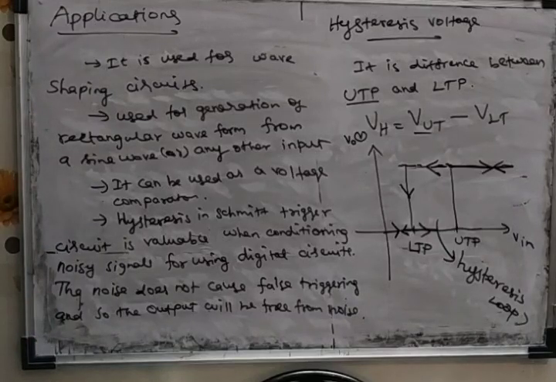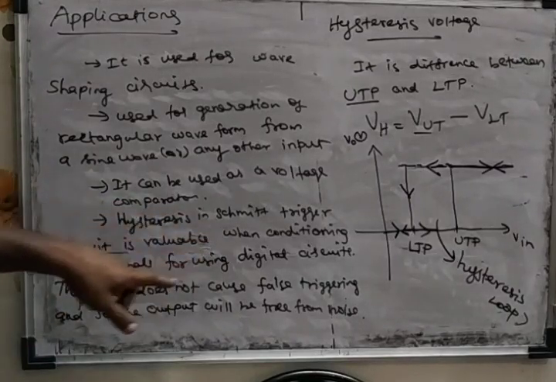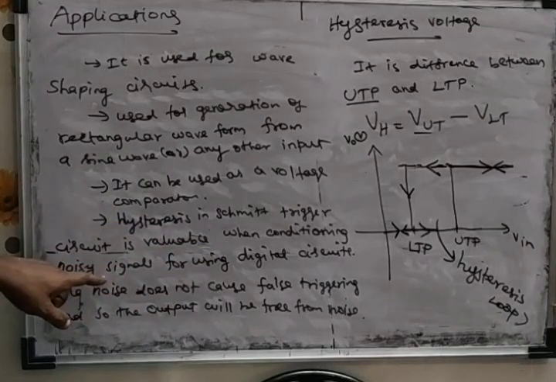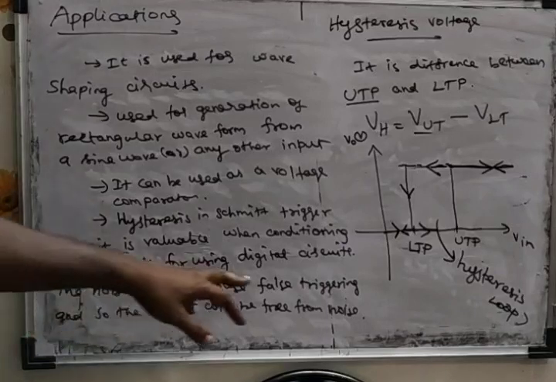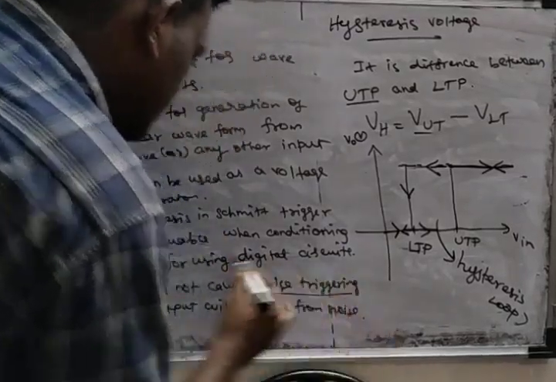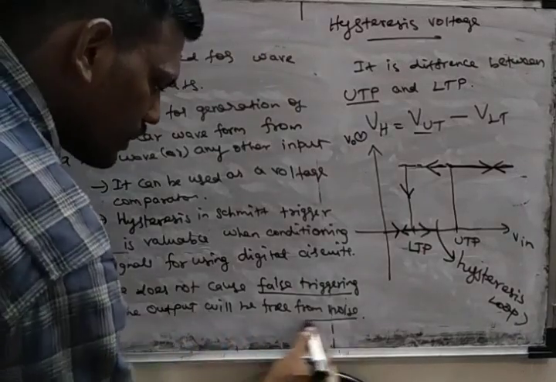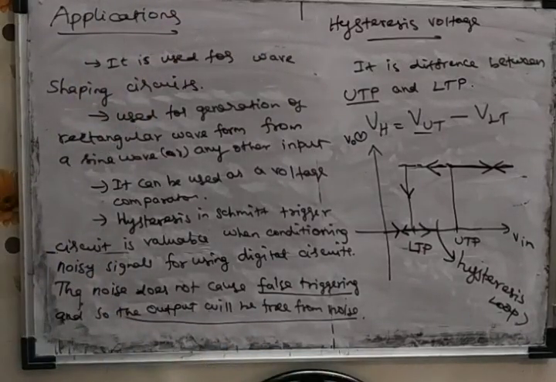It compares two voltage levels and produces either a high output or a low output. Hysteresis in a Schmitt trigger is valuable when conditioning noisy signals for use in digital circuits. The noise does not cause false triggering, and so the output will be free from noise. So in a digital circuit, the output will be free from noise.